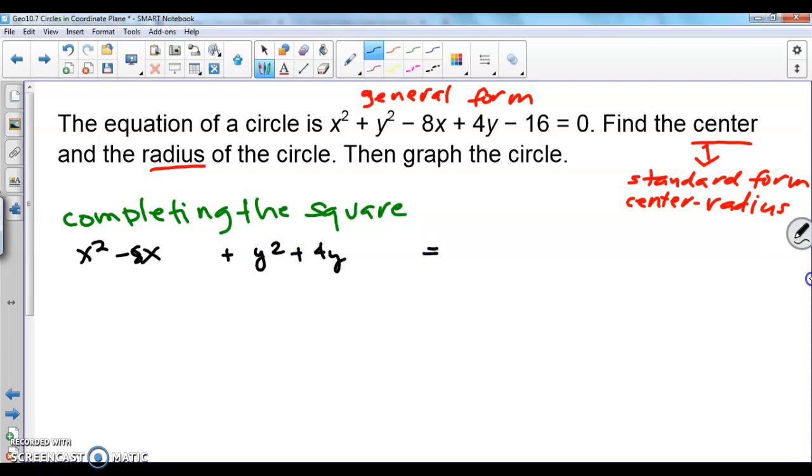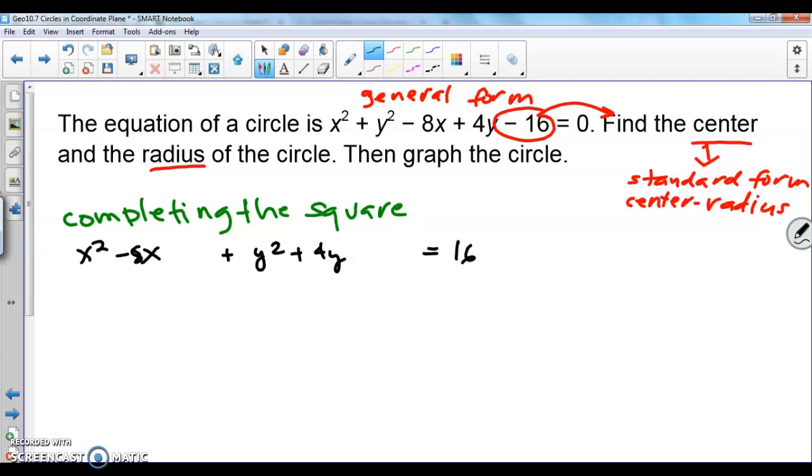So this 16 over here, we're going to move it to the other side. Since it's negative, it's going to change to positive. Now, do we do this all the time? Or when do we use this method? We use this method if we are given the general form of the equation of a circle and we want to find its center and radius.